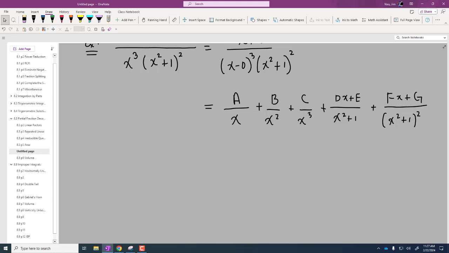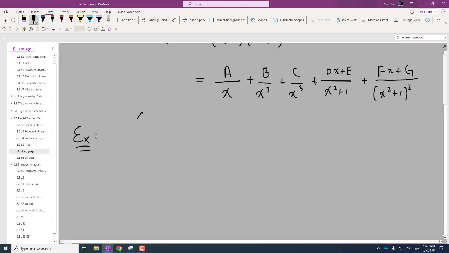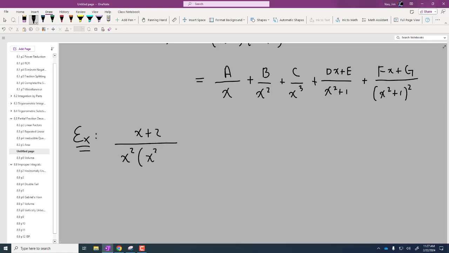Now, let me show you one thing. Let's just suppose we have something similar. Suppose we have x squared times x squared plus 4. The first thing you should be seeing is that this is a linear factor that's squared.